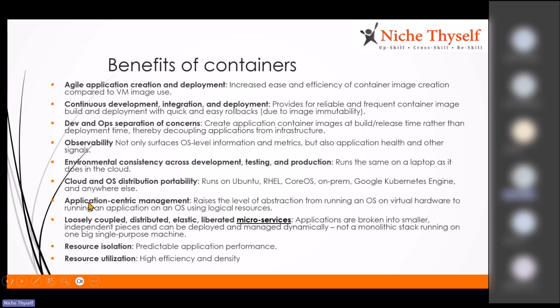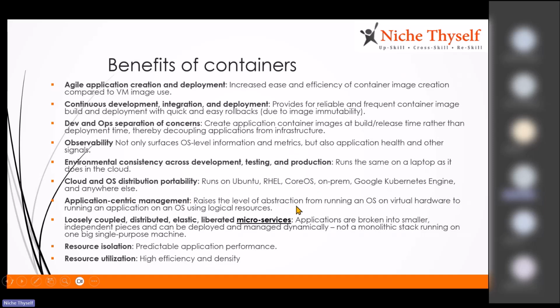So that environmental consistency will be there. Cloud and OS distribution portability. The same cluster you can create on a cloud environment with the same kind of operating system. We can create a Kubernetes cluster on Google, AWS, or even Azure, and it has consistent behavior, right? The same type of things we can set up, and it's very easy for testing.